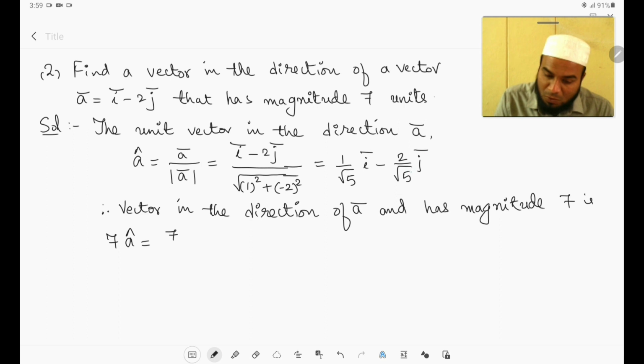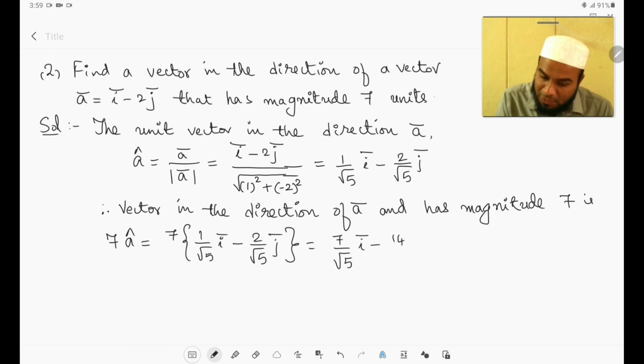How do we get a cap? a cap is 7 into 1 by root 5 i bar minus 2 by root 5 j bar. Multiplying this, we get 7 by root 5 i bar minus 14 by root 5 j bar.